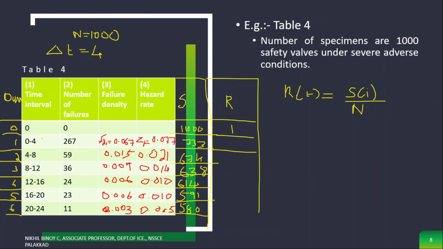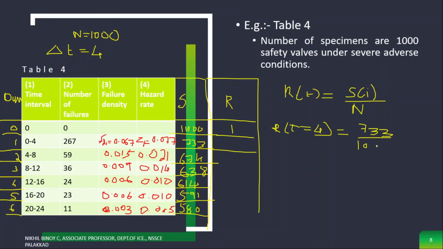After time equal to 4, what is reliability? So that is R of t equal to 4, means after the first interval, what is reliability? Equal to, after the first interval, number of survival is 733, divided by 1000.